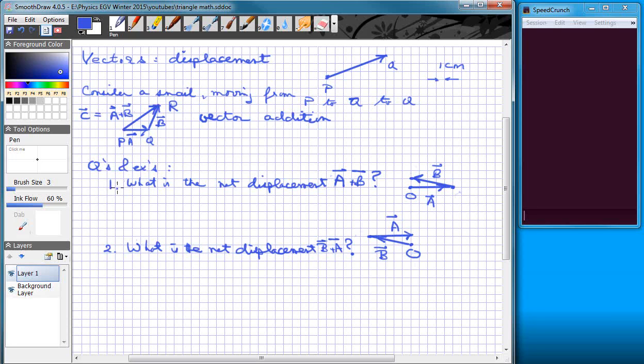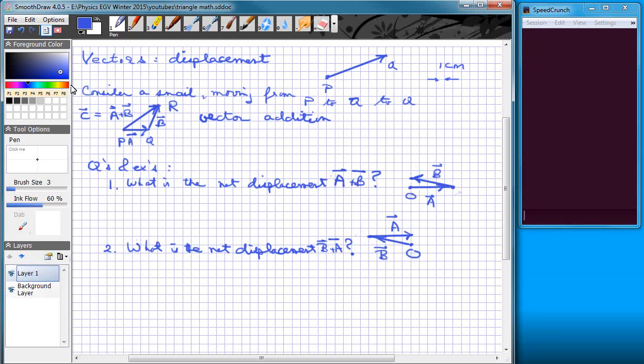So let's pose some questions here. I've got 3 examples, 2 of which are already written on here, and one extra one that I'm going to add. So let's say that we had a net displacement from O to this point here, as indicated, a first displacement A, and then followed by displacement B. And so what would the net displacement be of A plus B?